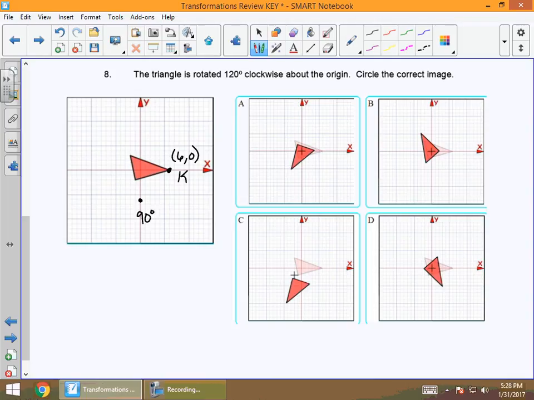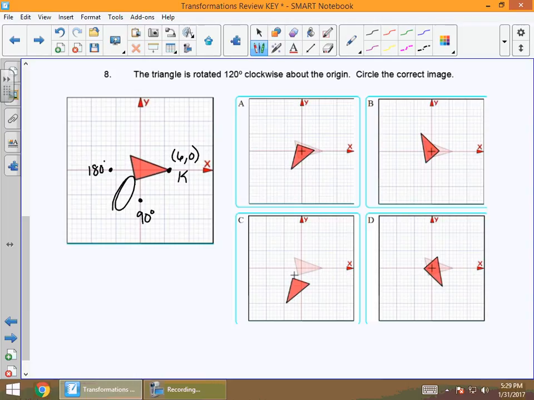And if I were to rotate K 180 degrees, that's where he would be sitting. So 120 is somewhere in this general area. So you need to find the picture that has K somewhere in that close proximity.